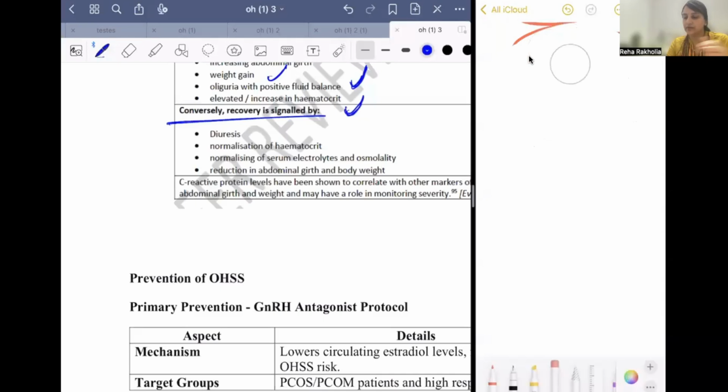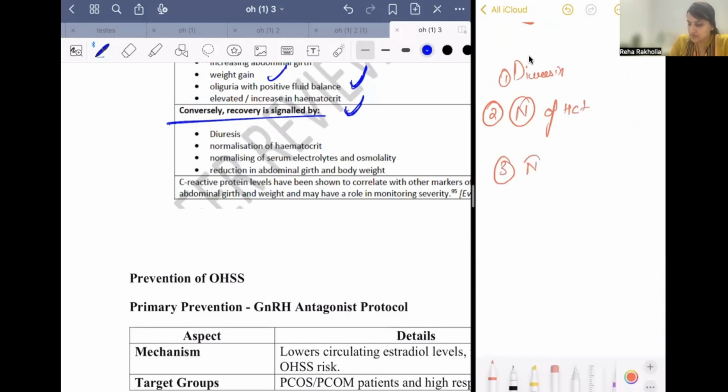See, how will we know that recovery is happening? First symptom is diuresis. Second is normalization of hematocrit. Third is normalization of electrolytes and osmolarity. Fourth is reduction in abdominal girth and reduction in body weight.